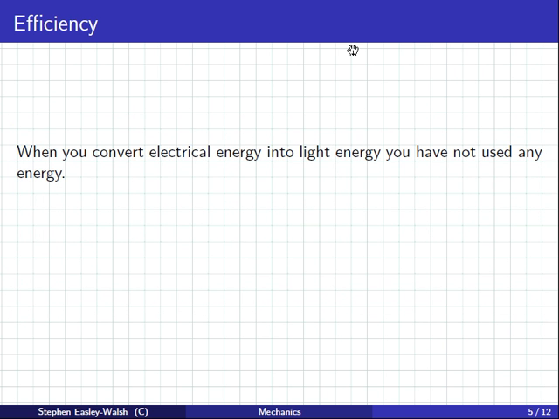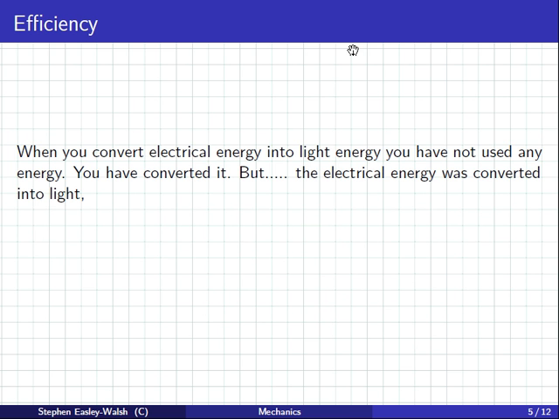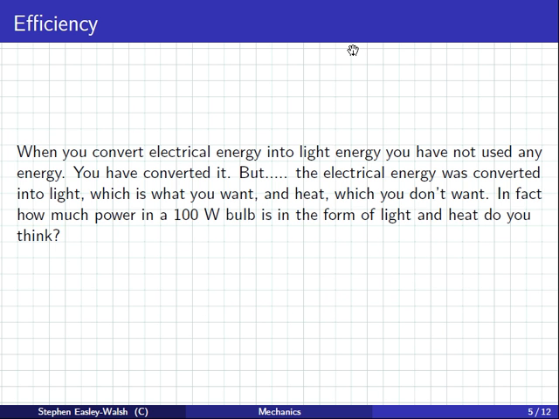When you convert electrical energy into light energy, you have not used any energy. You've converted it. But the electrical energy was converted into light, which you want, and heat, which you don't want. So my question is, for a 100 watt light bulb, that means per second there's 100 joules of work being done.